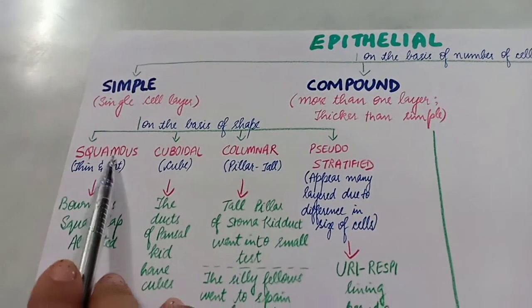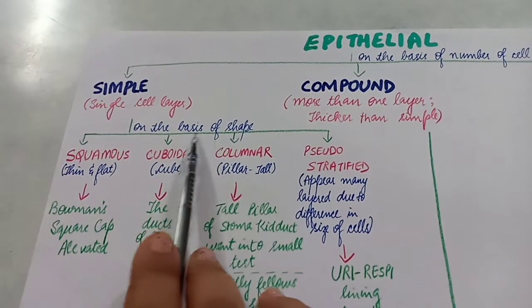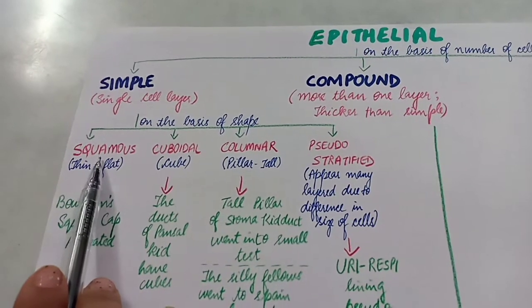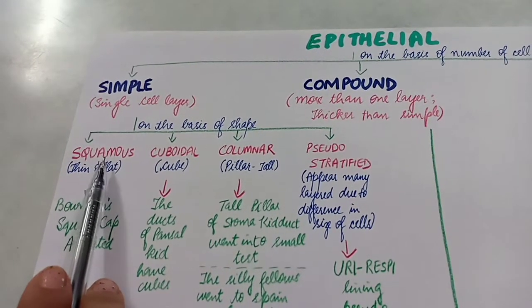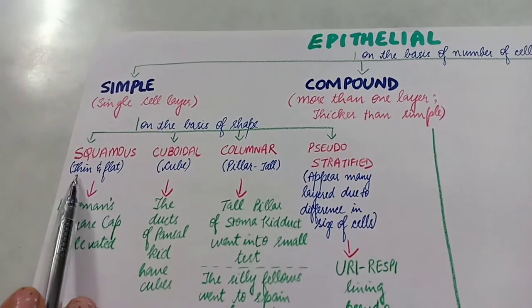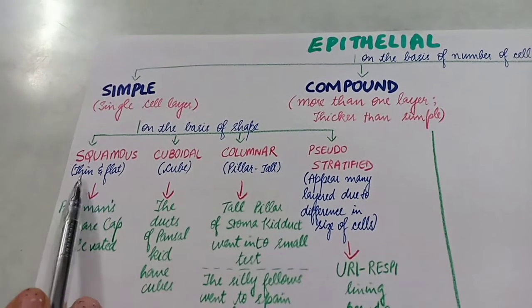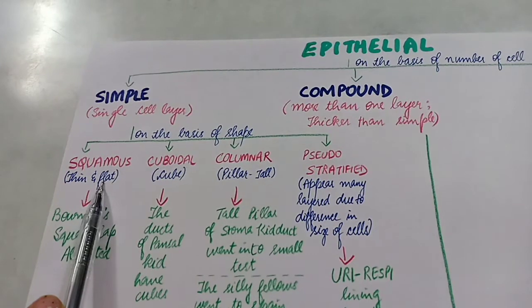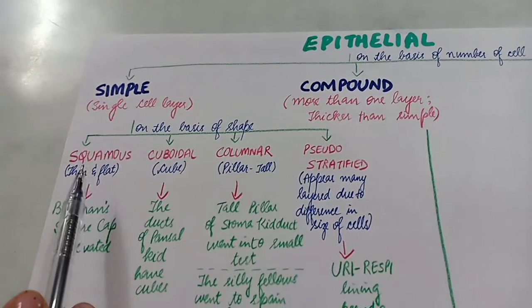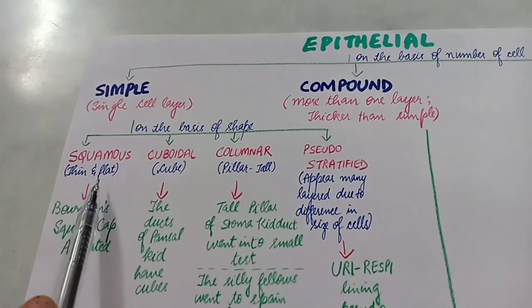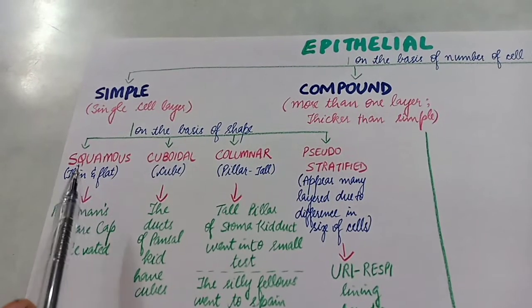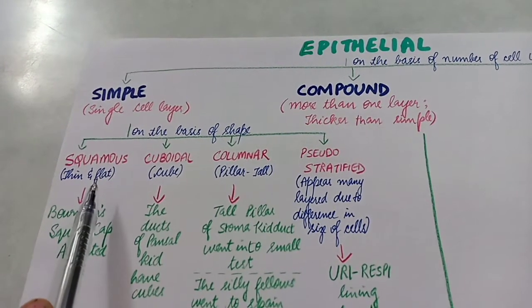Squamous cells or squamous tissues have thin and flat cells. The cells are thin and flat in order to carry out the function of diffusion, filtration and secretion. Remember, diffusion, filtration and secretion.